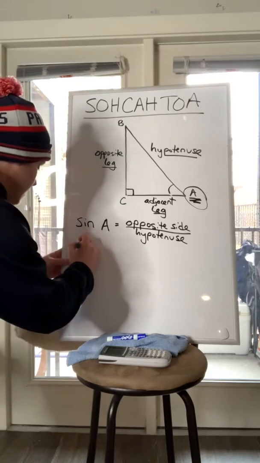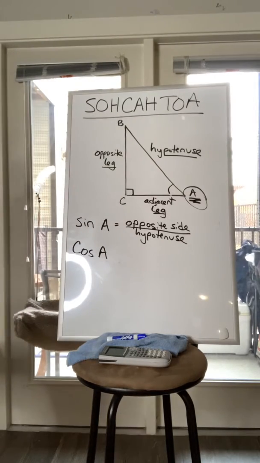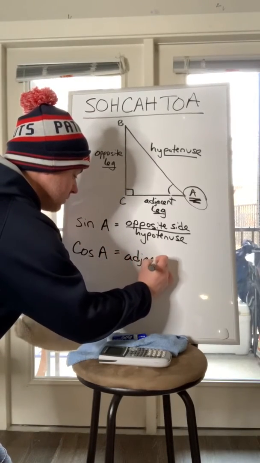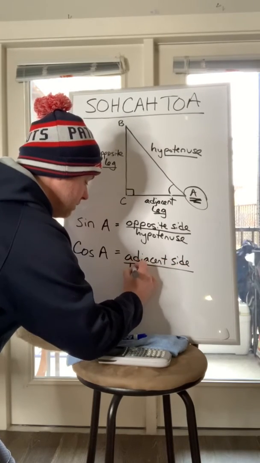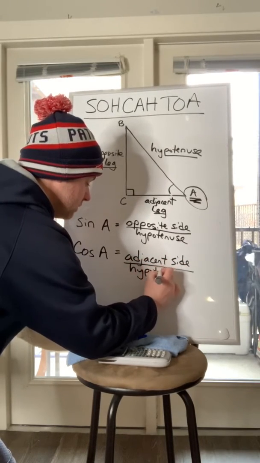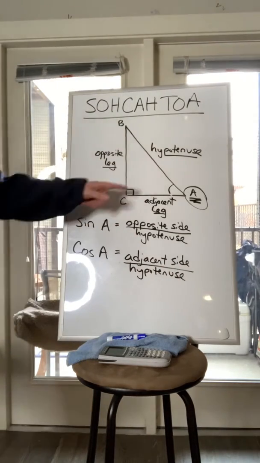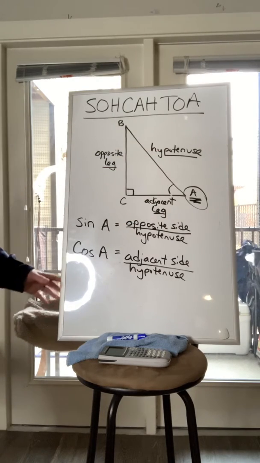The cosine, which we abbreviate COS, of A is the adjacent side over the hypotenuse. So for angle A, that would be this length over that length. Okay?